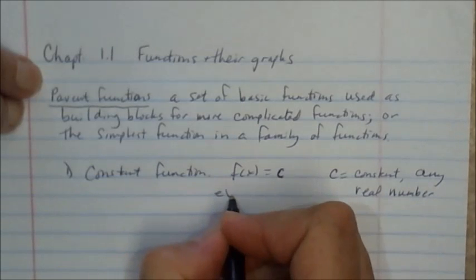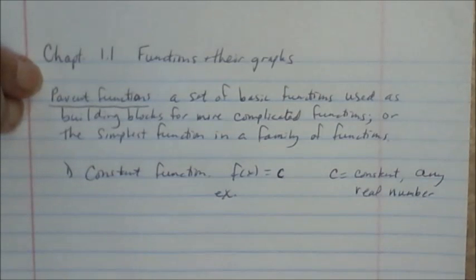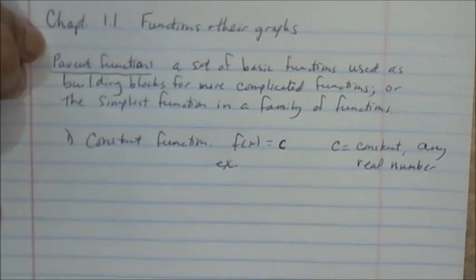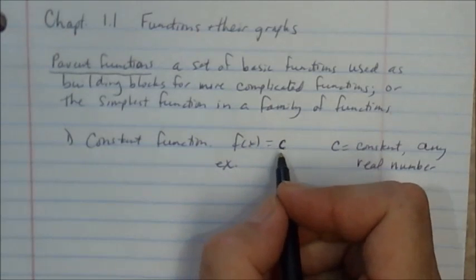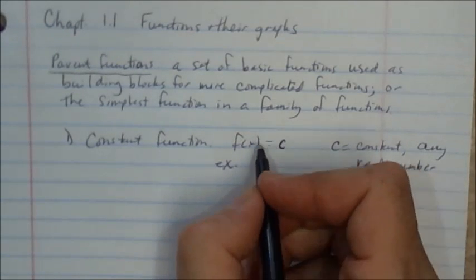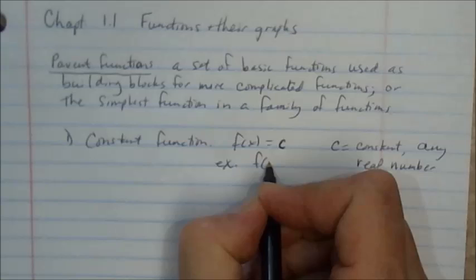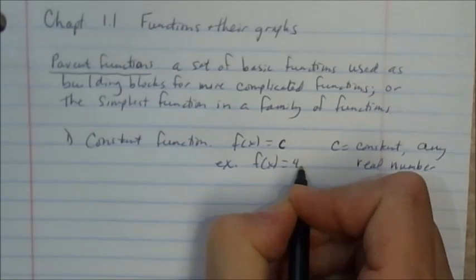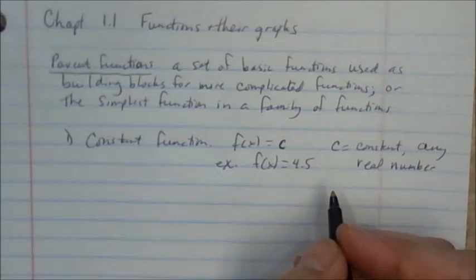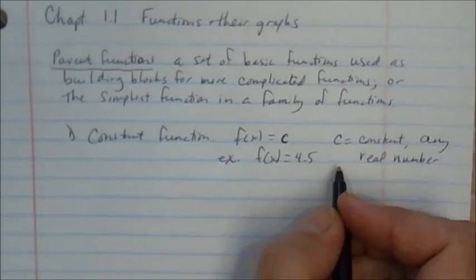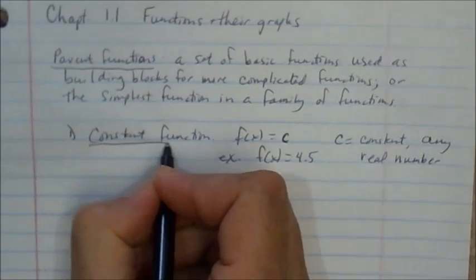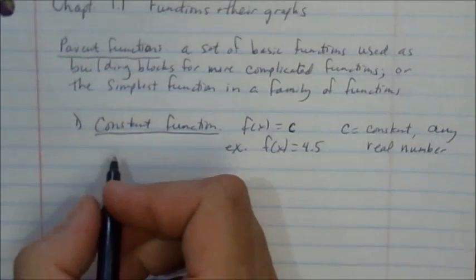For example, you know that f of x is the same thing as y, so you can either say f of x is equal to a number or y equals a number. We'll call it f of x. Let's say f of x is equal to 4.5. That's a constant function. Now the graph of a constant function is just a horizontal line.